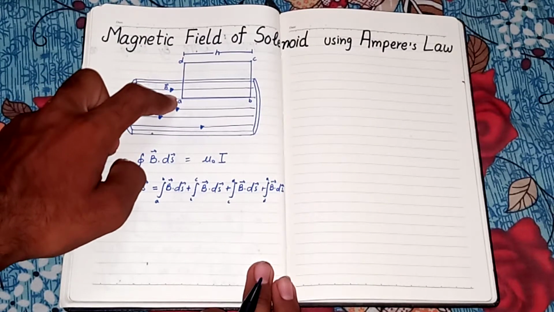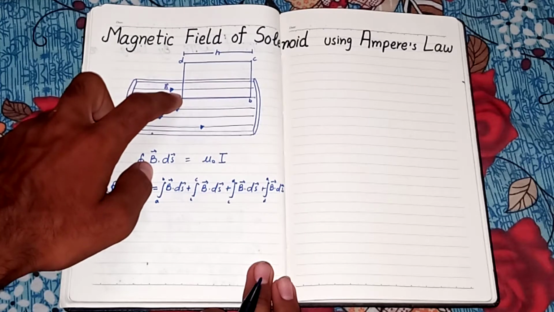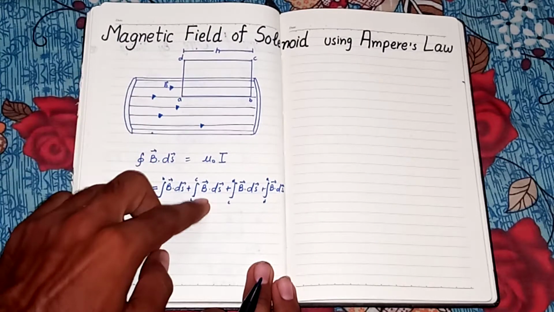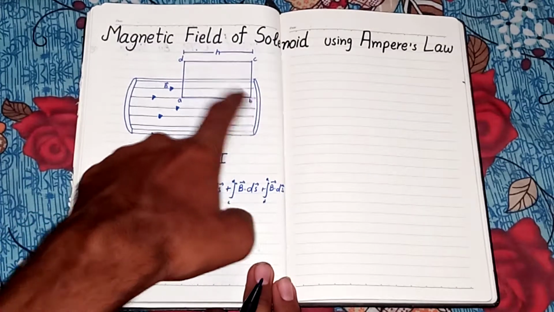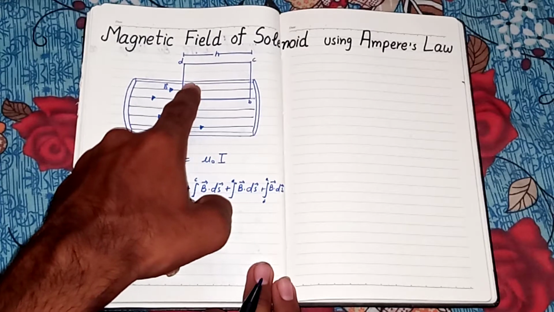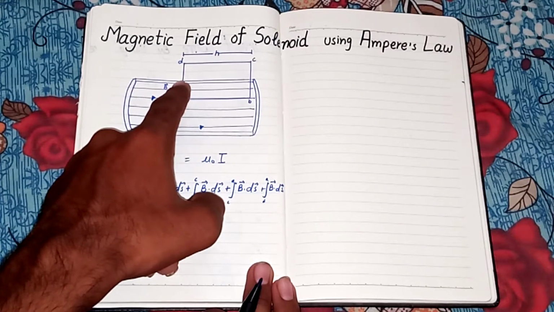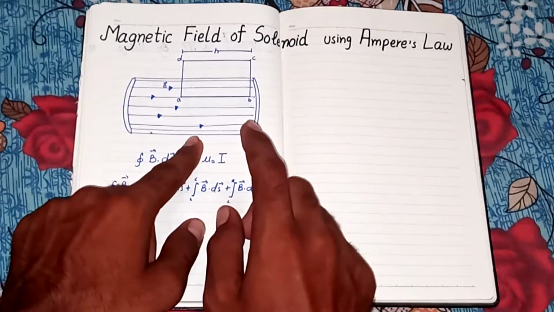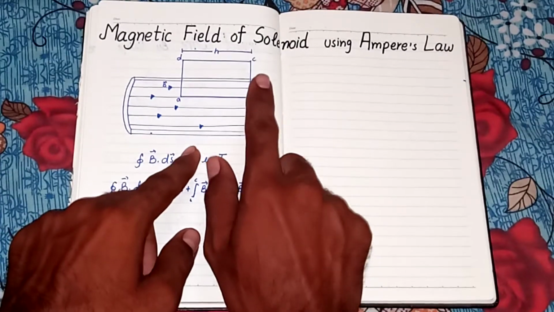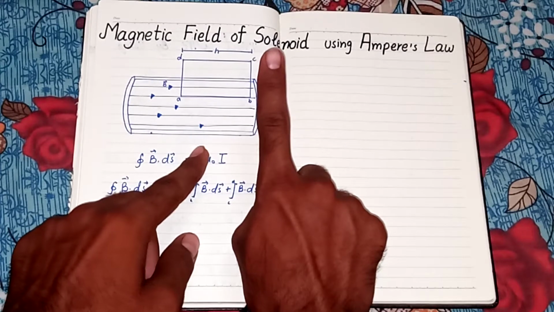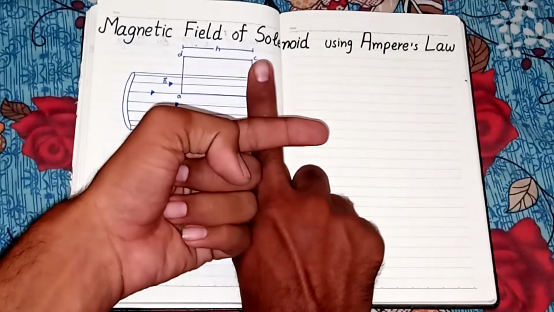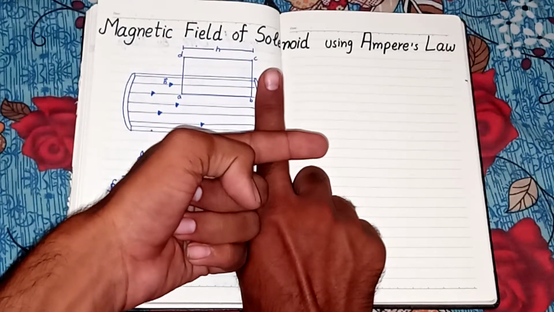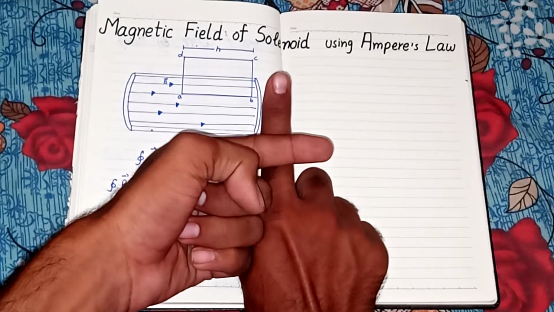Note that the direction of the second and fourth integrals is perpendicular to the direction of the magnetic field. Thus it is making a right angle.